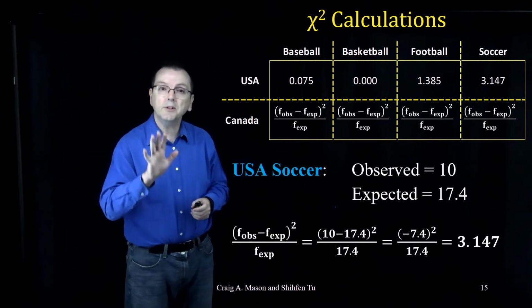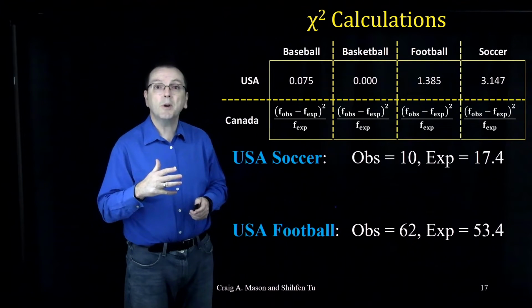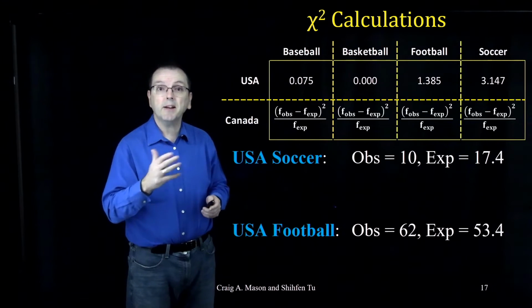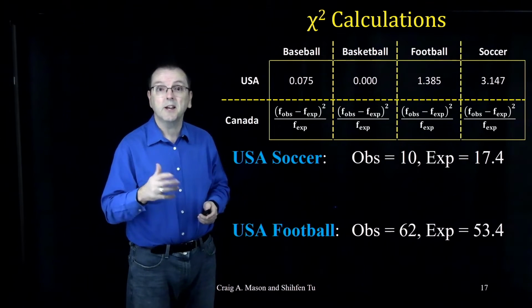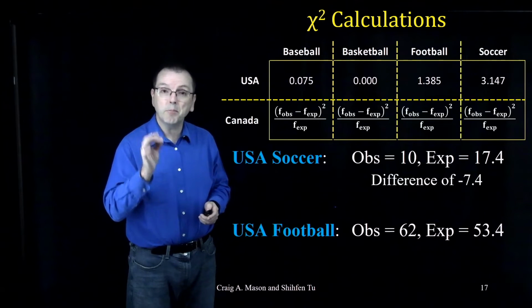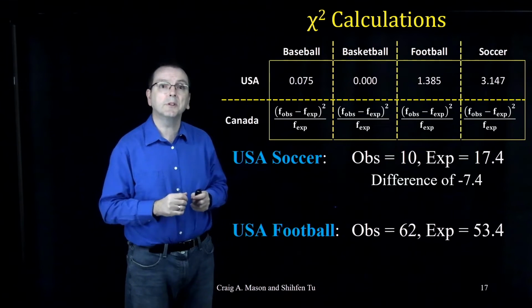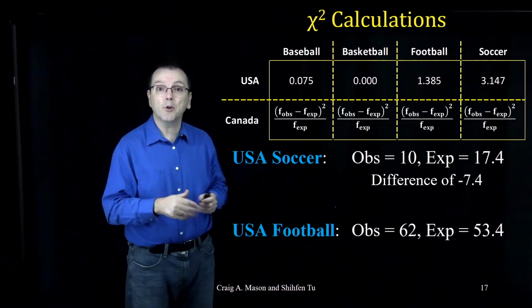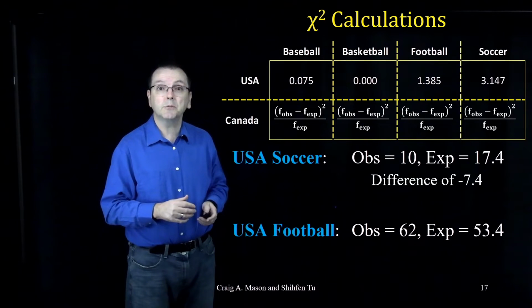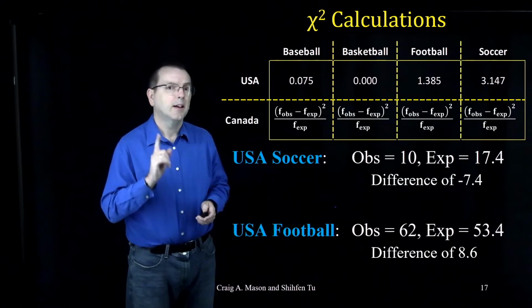Now, notice something else here. The difference between the observed and expected frequency for USA soccer fans is negative 7.4, which is smaller in absolute terms than the difference between the observed and expected frequency for USA football fans, which is 8.6, all right?